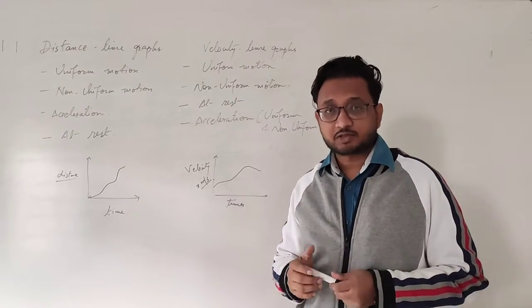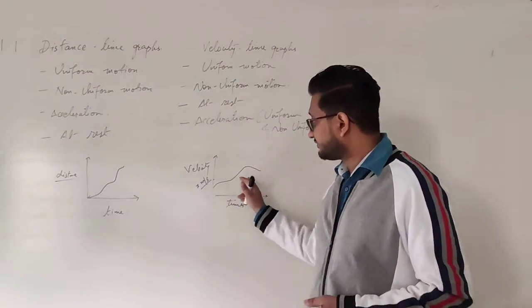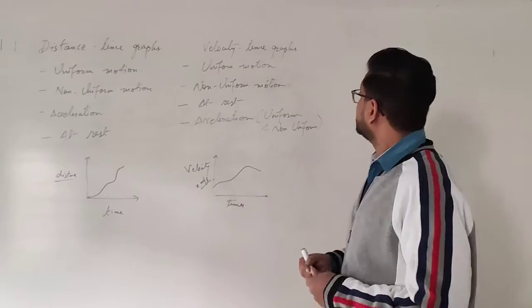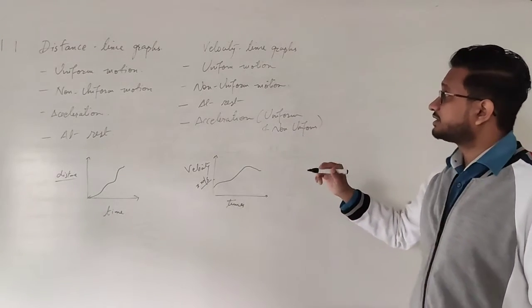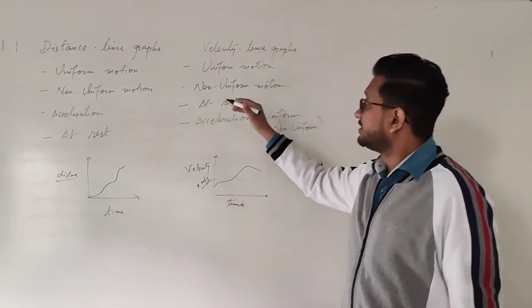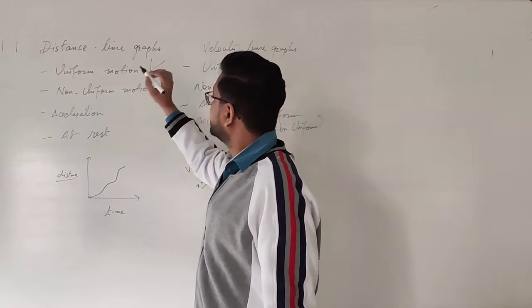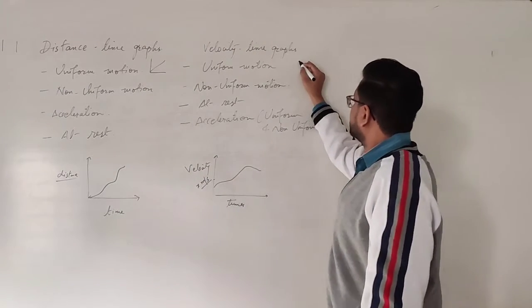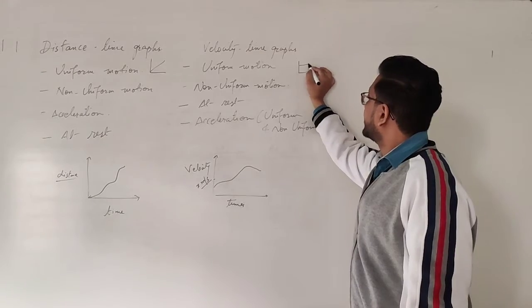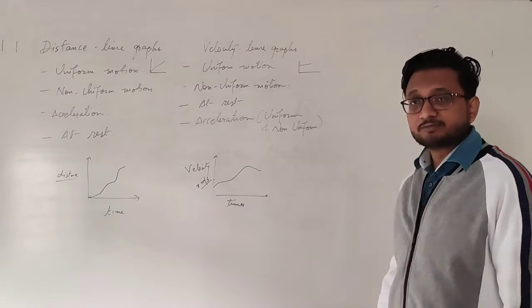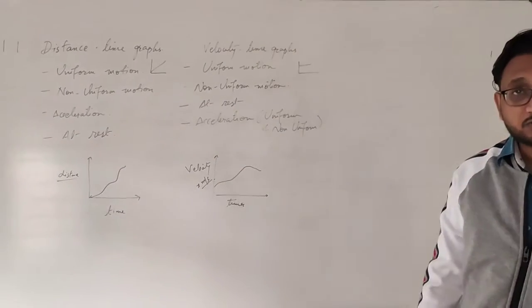In short, I will write all the diagrams over here. For uniform motion, it is a straight line like this. For this one, it is a straight line parallel to the x-axis, so that it is easier for you to understand.